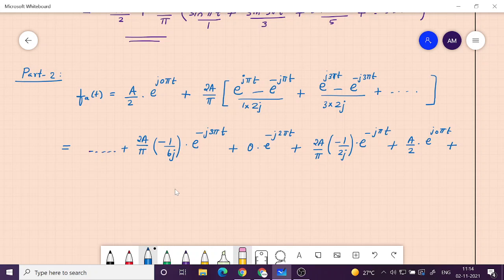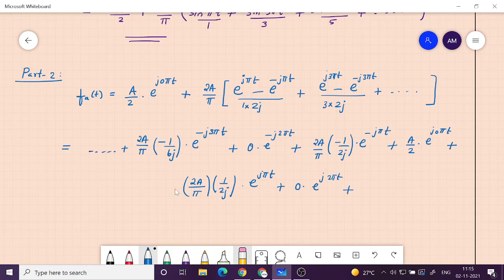So plus j pi, if I look at the coefficients, that is 2a by pi into 1 by 2j e raised to j pi t. Then plus the next one is 0 into e raised to j 2 pi t.